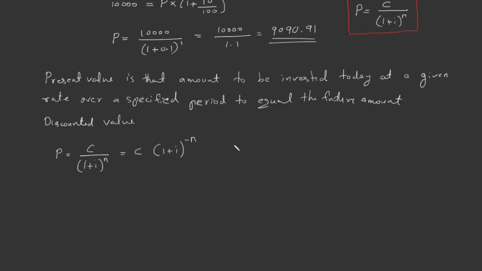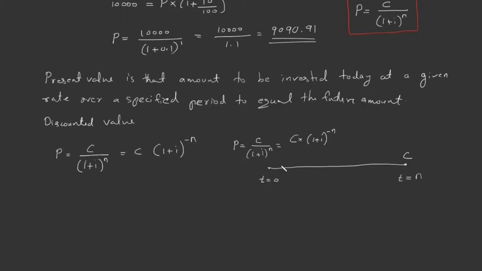What this equation says is that if I invest an amount P equal to C divided by (1 plus i) the whole raised to n, that is equal to C into (1 plus i) the whole raised to minus n, at time t equal to 0, that is now, the present time, that will give you an amount C at time t equal to n.